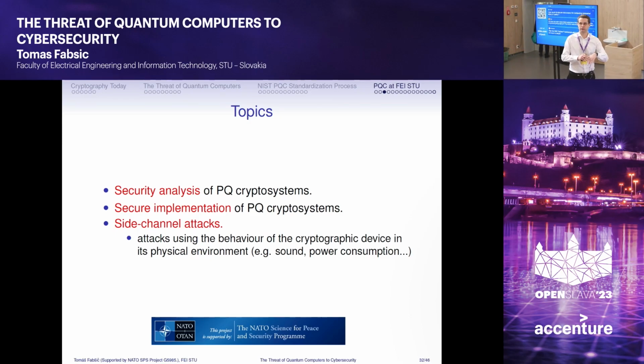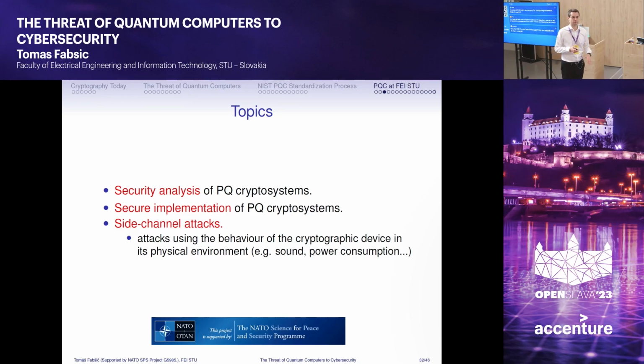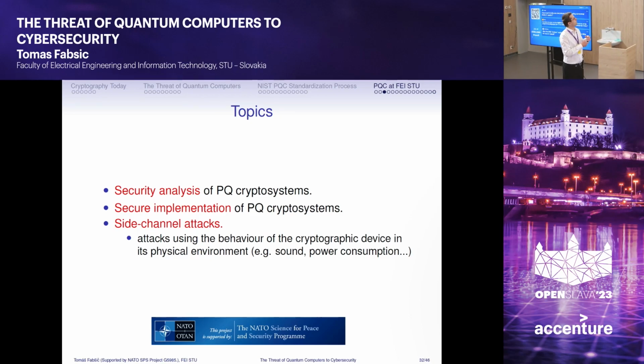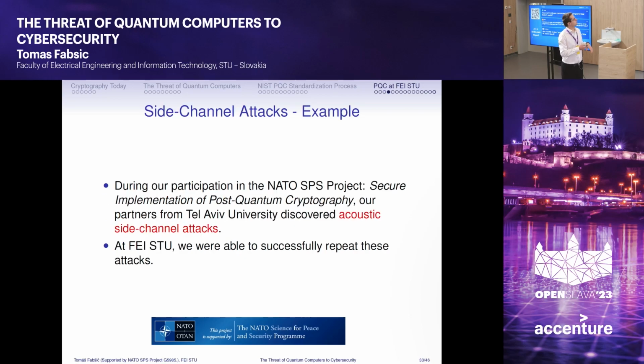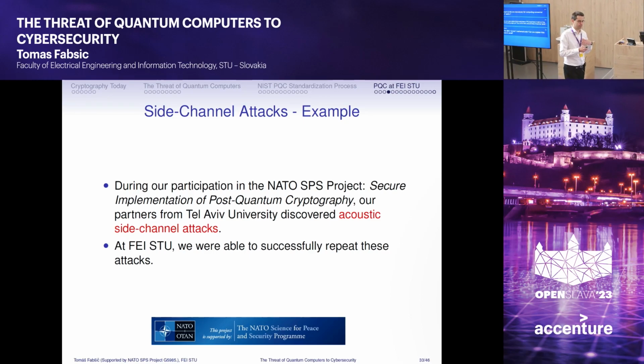This information that can leak can be, for instance, the time it takes to decrypt, or the sound that the hardware produces during decryption, or variations in its power consumption. Attacks which use such leaks are called side channel attacks, and we are interested in these attacks and how to avoid them.